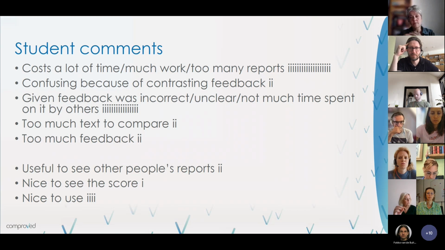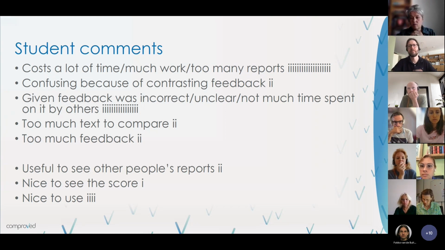They also struggled a bit, I can see in the comments, with the interface, the fact that they had to scroll through the whole text to be able to compare them. That was difficult for them. Some of them reported on the fact that the feedback was contrasting, and that they found that a bit confusing. I can imagine that, yeah, this is like real life, right?